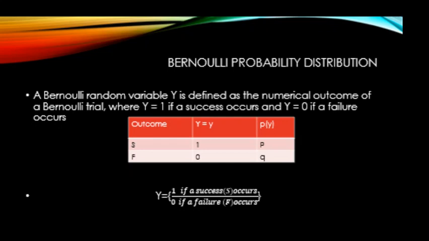When we have a success, Y is equal to 1. If we get a failure, then Y is equal to 0. The probability of 1 is p, and the probability of 0 is q. So this is how we can write it: Y is equal to 1 if we have a success, and Y is equal to 0 if we get a failure.